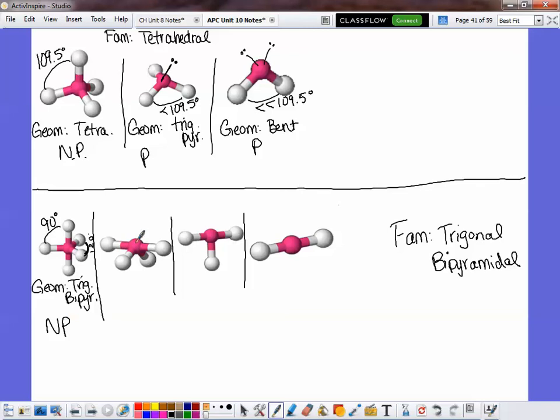This next one over, we replaced one of those bonds to be a lone pair. Okay? So that makes this bond angle here less than 90, and this one less than 120. That geometry or the shape name is seesaw.